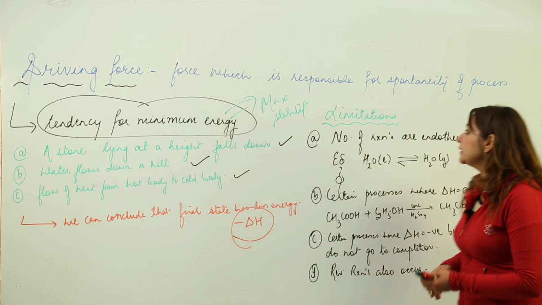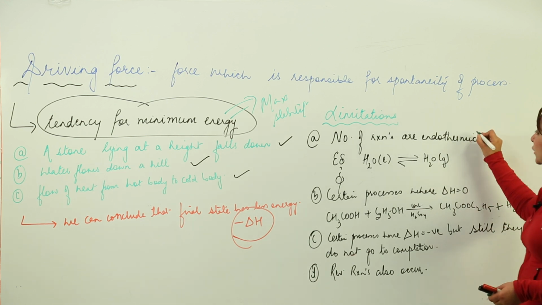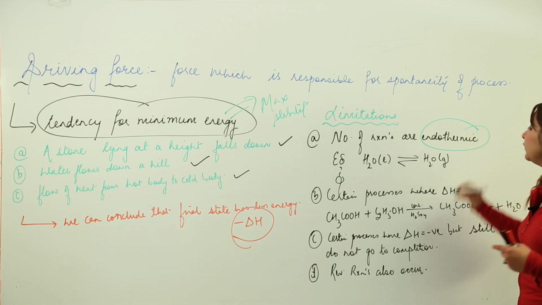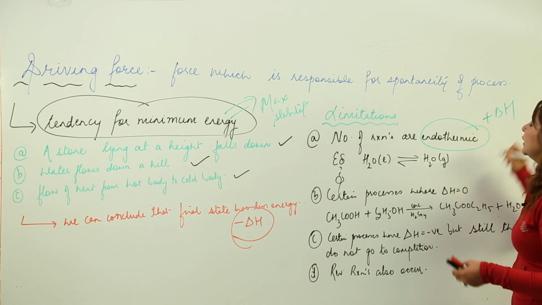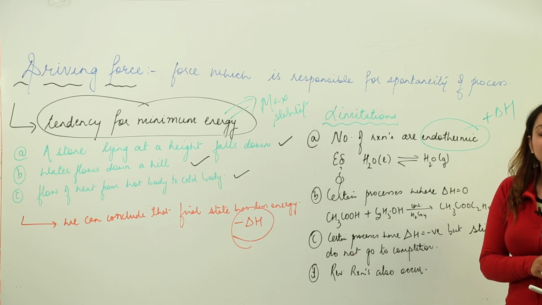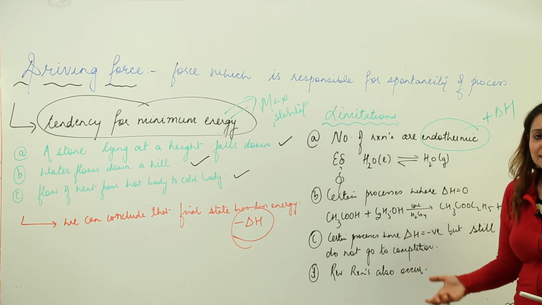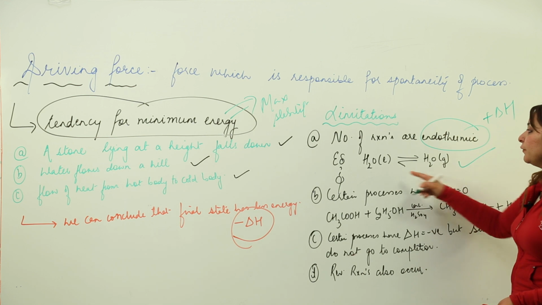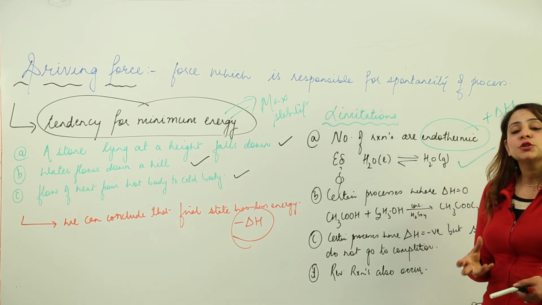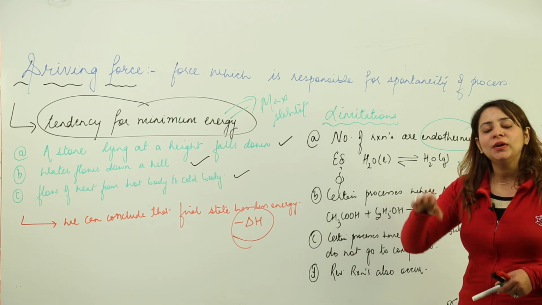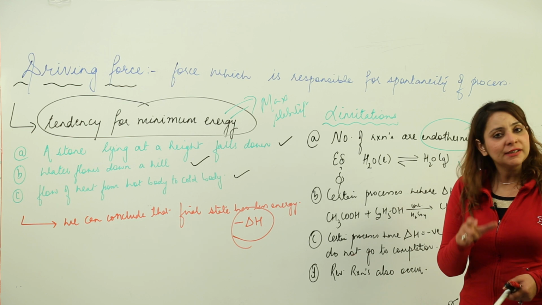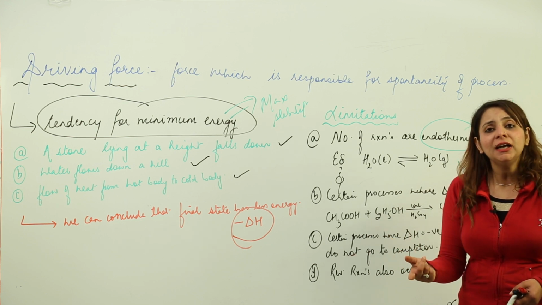We have seen that there are a number of reactions which are endothermic, that means which occur due to absorption of energy. That means for them delta H is positive, but still those reactions are spontaneous. They have an urge to happen by themselves. For example, if you have water in a glass, it will absorb heat and get converted into vapor. So the process is endothermic, but still it is occurring by itself.